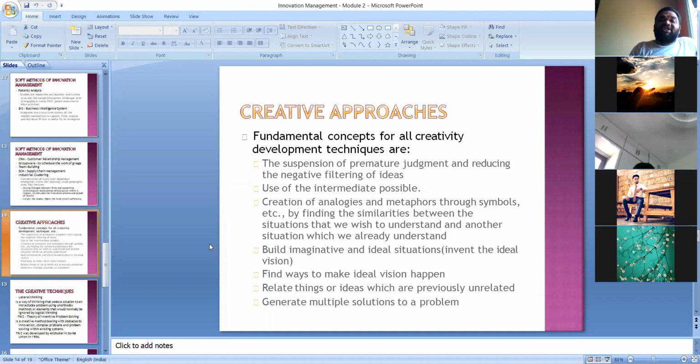The next one is to generate multiple solutions to a problem. This is a very, very important line. Whenever you relate the ideas, imaginations, ideal vision, and ideal situations you have built, you also have to relate them with the other ideas.